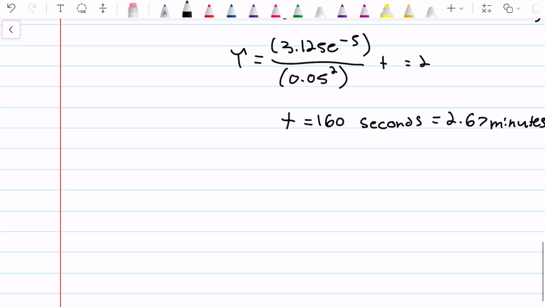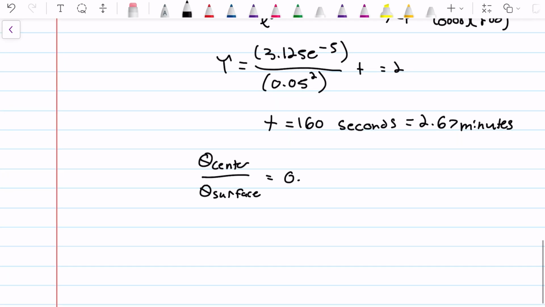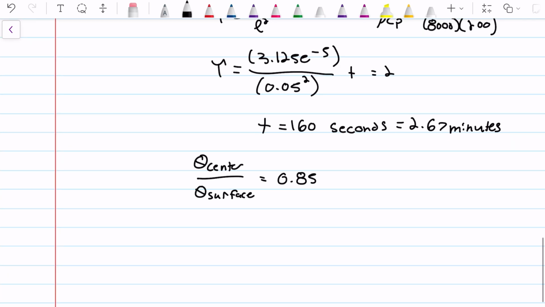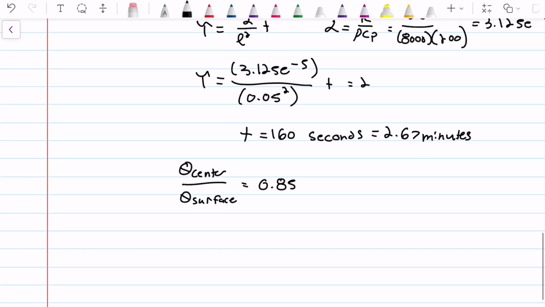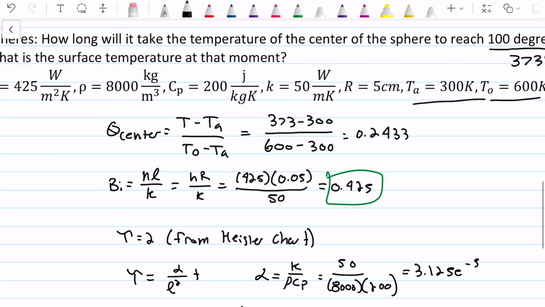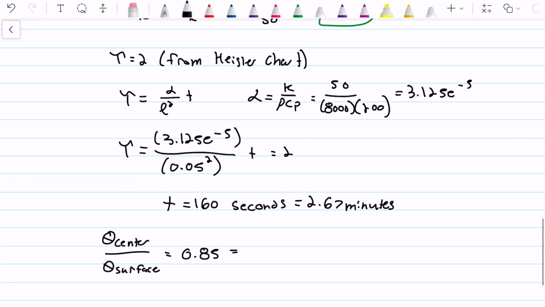So here, let's write this. So now we know our dimensionless center temperature over our dimensionless surface temperature is equal to 0.85. And we know our center temperature is 373 degrees Kelvin.